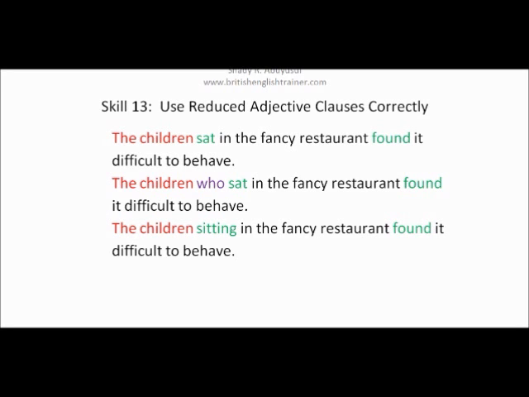We can use who sat, which is the normal form, and we can reduce the adjective clause, which means that we can take who away and make the verb into a present participle, and in this case the sentence is correct. So we can make it correct by adding the connector, which is who, or by making the verb into a present participle of verb plus ing. Another example. Now another example.